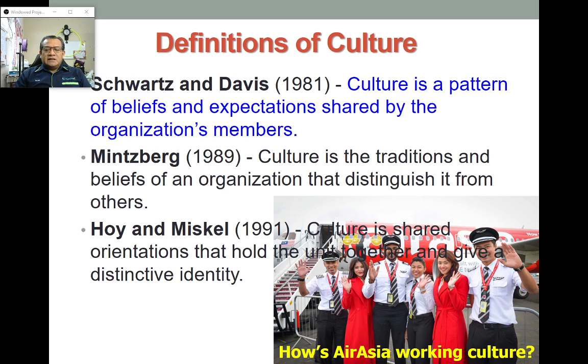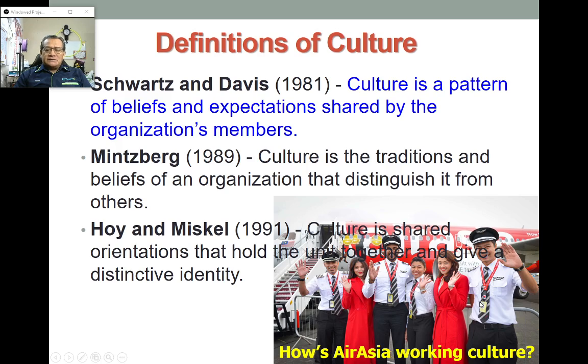So this is what I could say about the working culture in ASEAN, because most ASEAN employees are young people. Why do they target employees who are young people? Because they are mostly active, vibrant, happy, cordial to customers, and on top of that, young people normally have a lower salary scheme compared to very senior people.